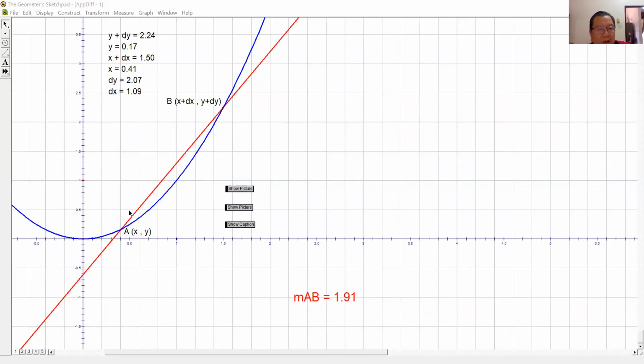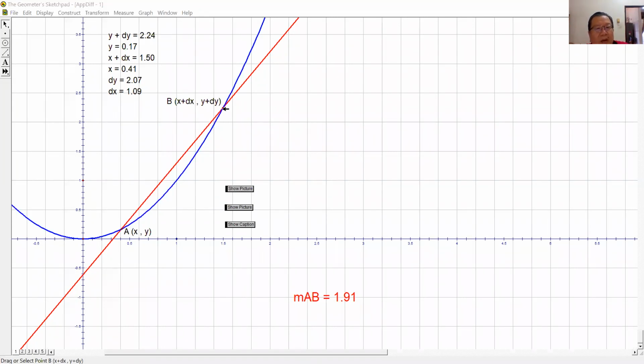These two points, I join them using a red line. Now this red line is a chord AB because it cuts across this blue curve. So this red line AB is a chord.